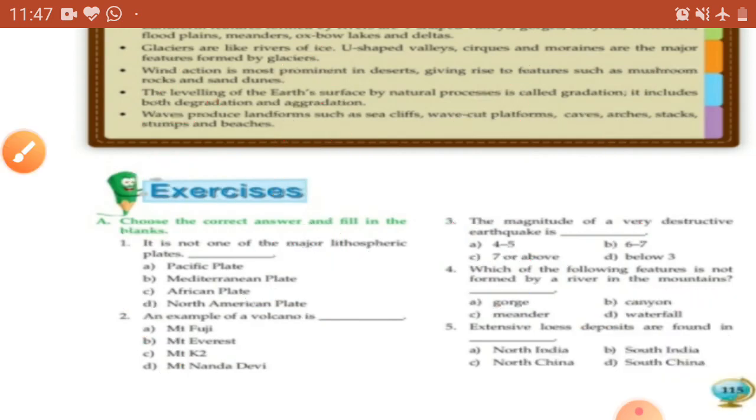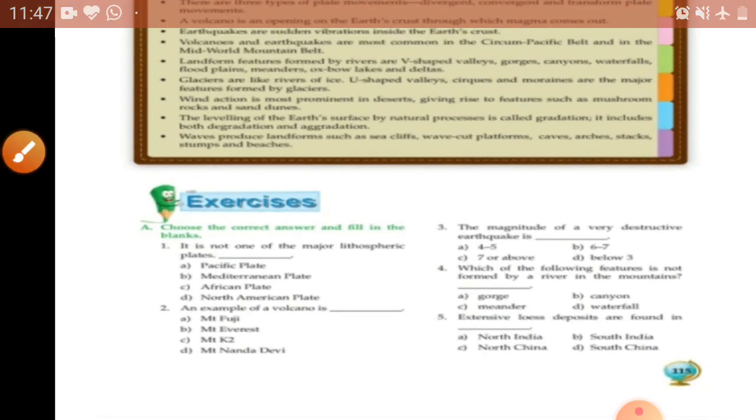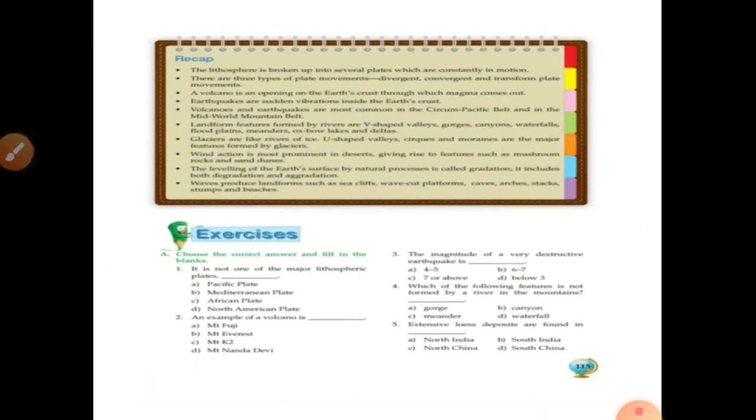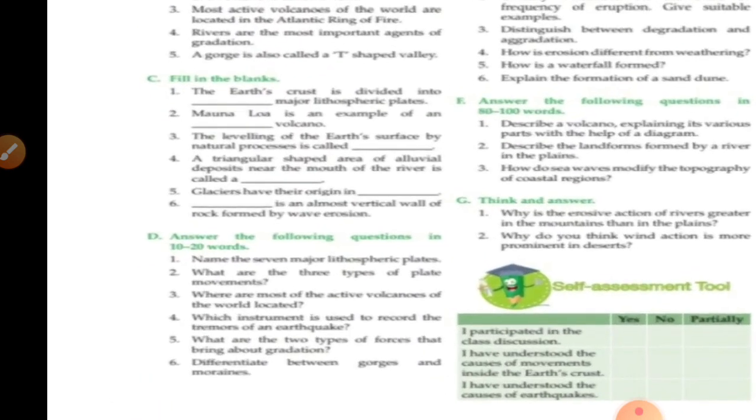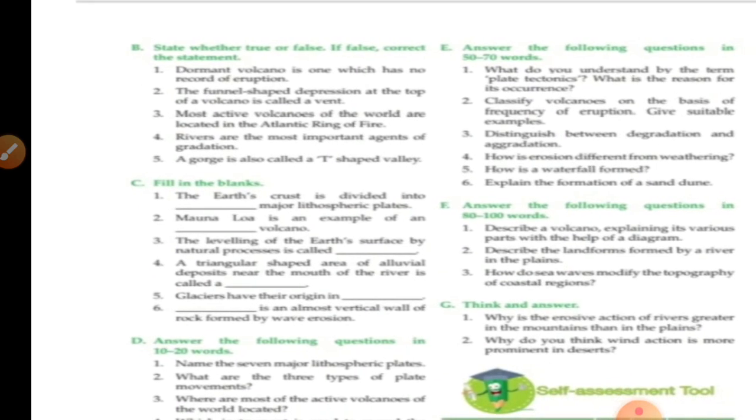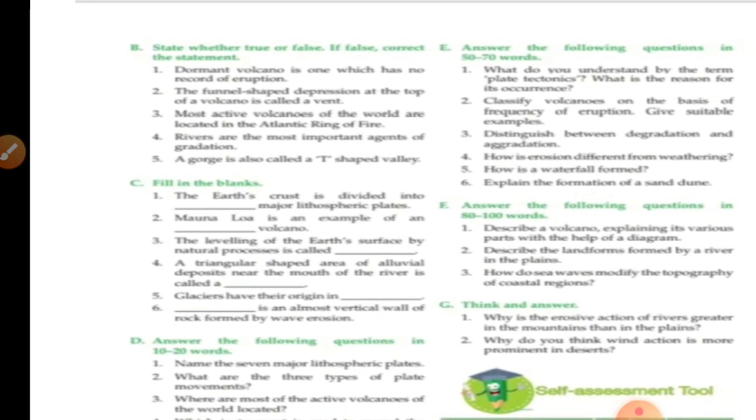All right, let's take a new question. Here we have: state whether true or false. Our first question is: a dormant volcano is one which has no record of eruption.